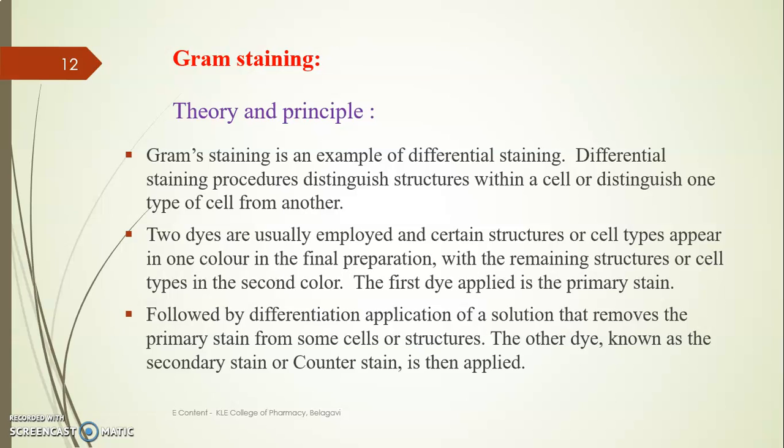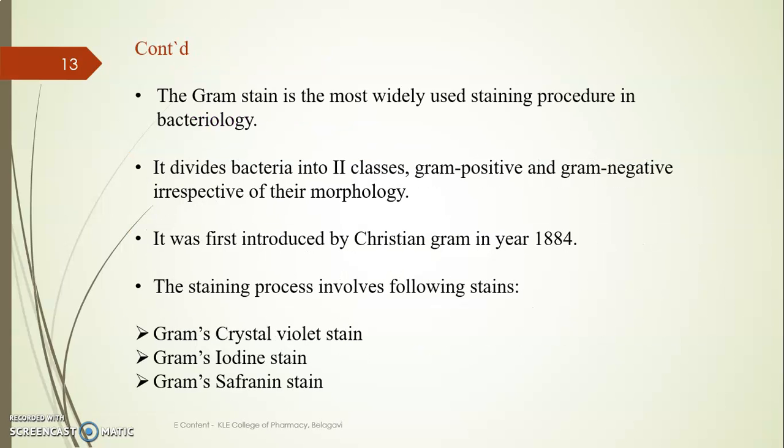Gram staining is one of the most used differential staining procedures. This method was developed by Christian Gram in the year 1884. Here the bacterial smear is prepared on a glass slide and thereafter heat fixed. Second, a drop or two of crystal violet is put on the smear.